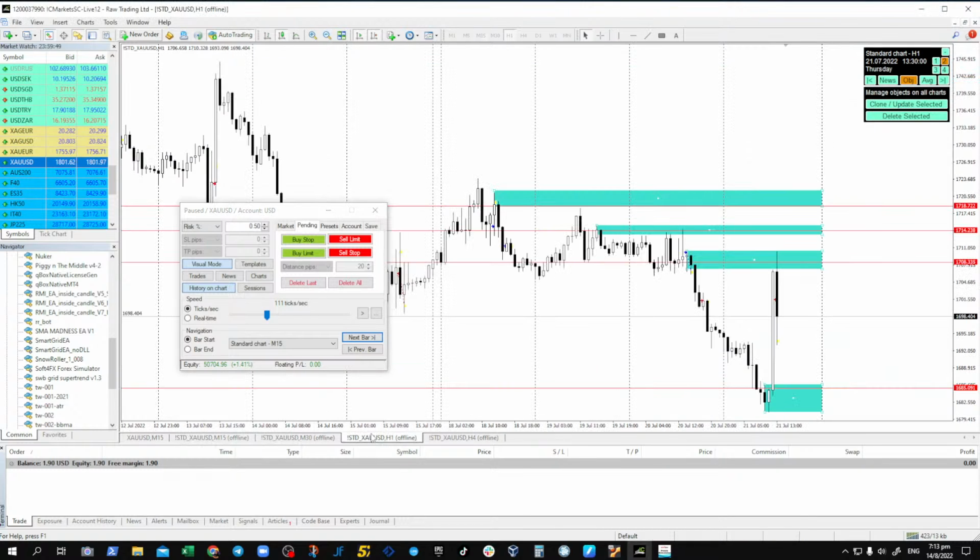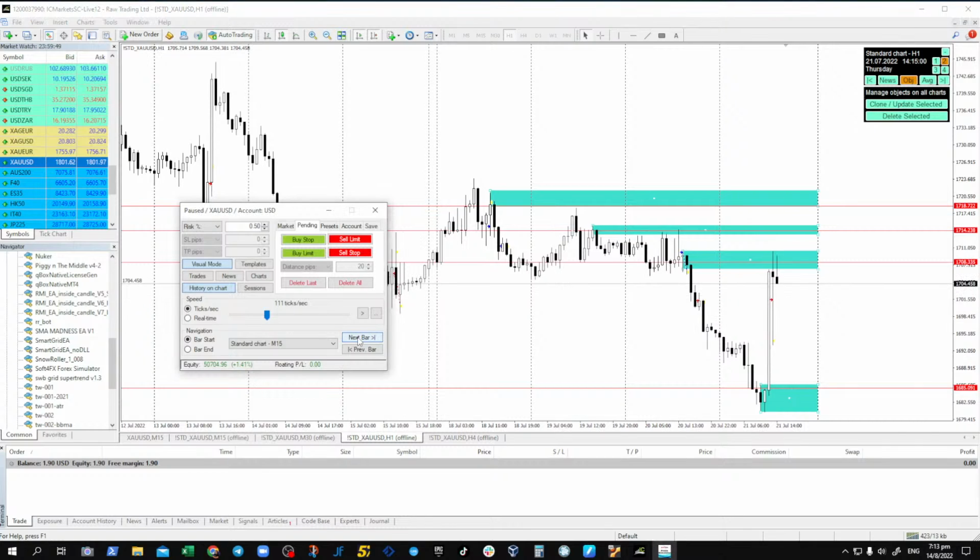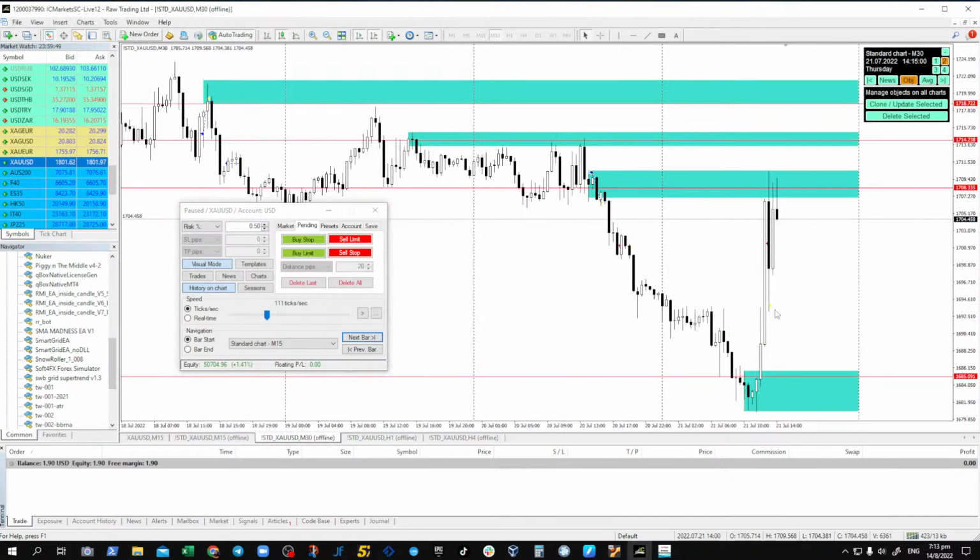If you look at H1, this is the 50% entry of this bullish engulfing candle. But I think we're not gonna take the trade because it's counter trend, and boom, we continue. It would have been a profitable trade as well.